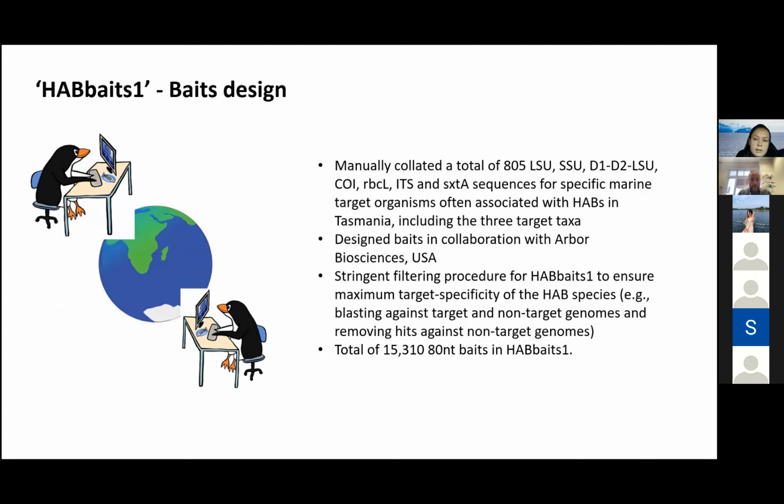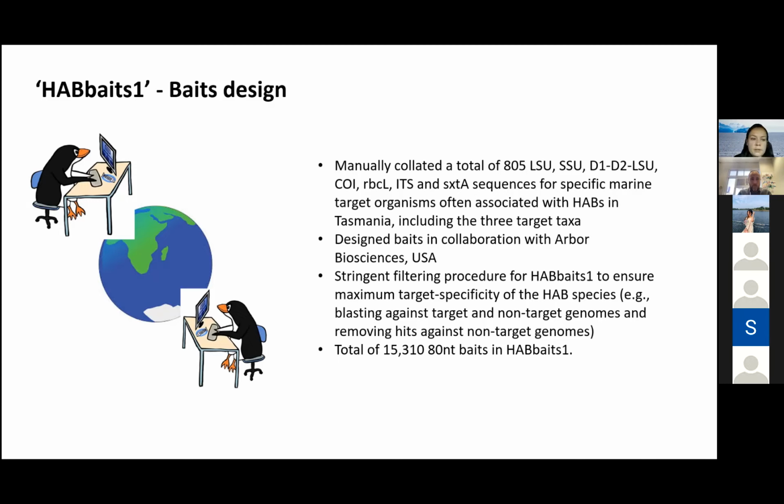They included the LSU, the SSU, the D1, D2 LSU region, COI, rbcL, ITS, and even some saxitoxin A genes. So pretty much everything we could find for these 3 dinoflagellates. And then I assembled all of this into a file that was the basis for the bait design.